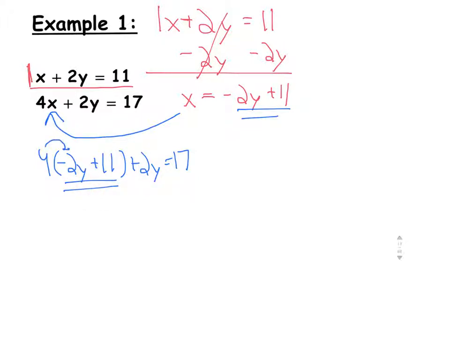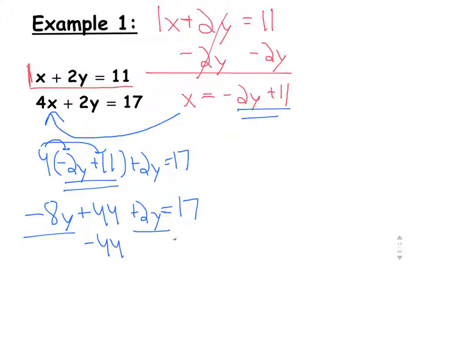Just like last time, go ahead and distribute first. We get negative 8y. 4 times 11 is 44, plus 2y equals 17. Negative 8y and 2y are like terms, but before I do that, let's subtract over the 44.